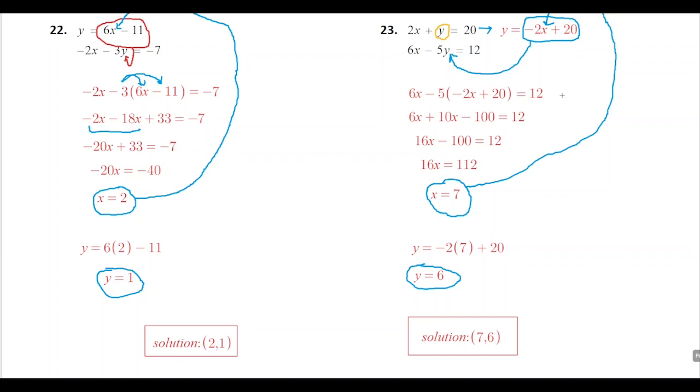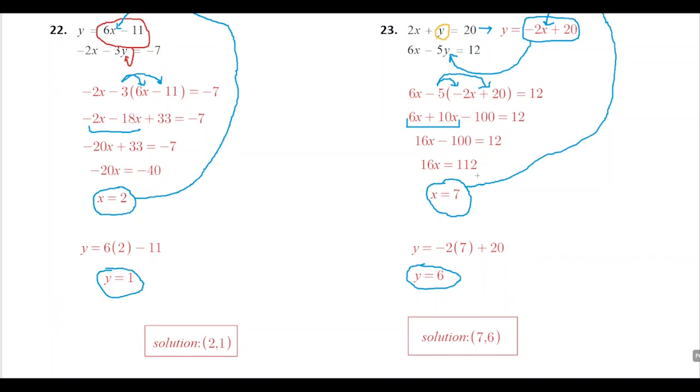6x minus 5 times negative 2x plus 20 equals 12. Then I use the distributive property and multiplied this negative 5 into the parentheses to get 6x plus 10x minus 100 equals 12. Then I combine my like terms here. 6x plus 10x equals 16x.